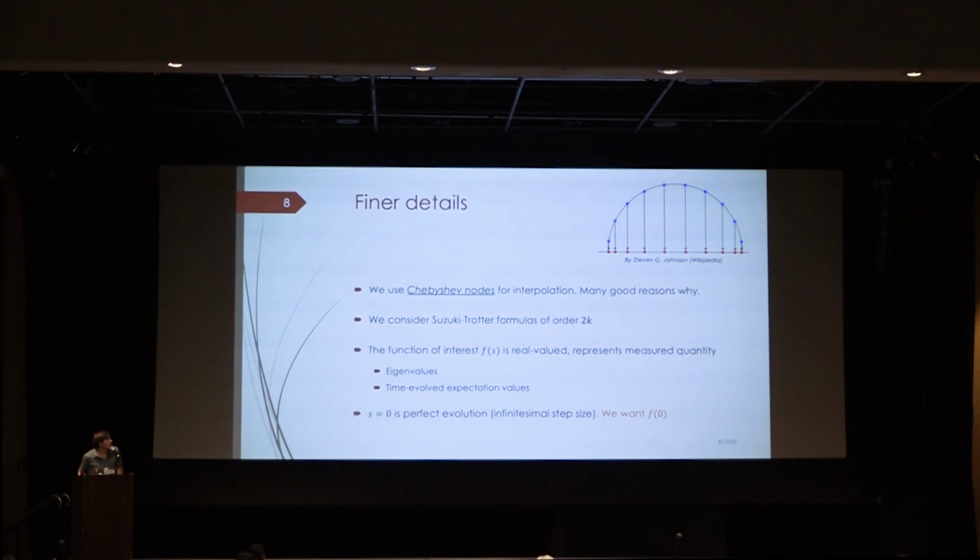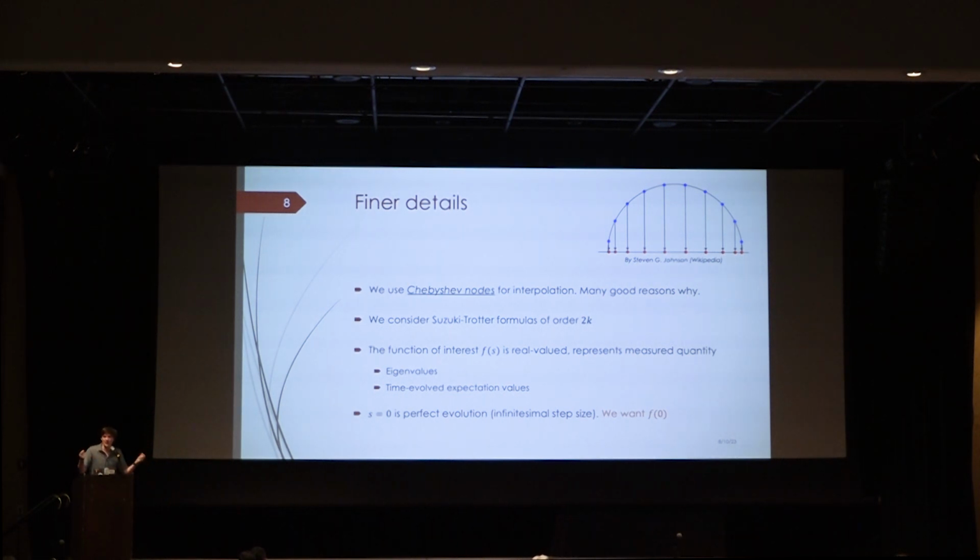So we are interpolating, attempting to approximate this underlying function f of s, which may be the relationship between a phase estimation protocol and the number of steps you chose. In our work, we consider eigenvalues and time-evolved expectation values in particular, but perhaps there are other applications as well.